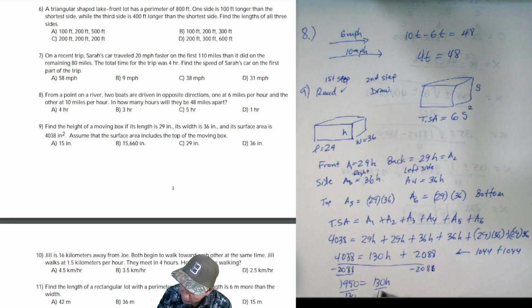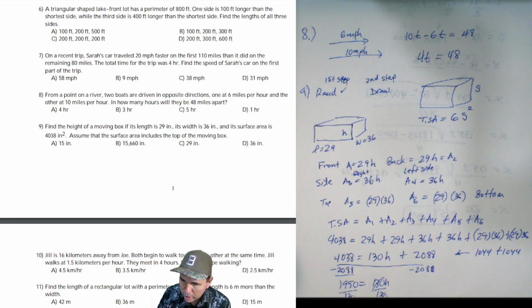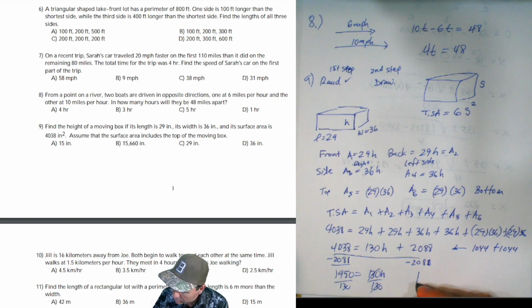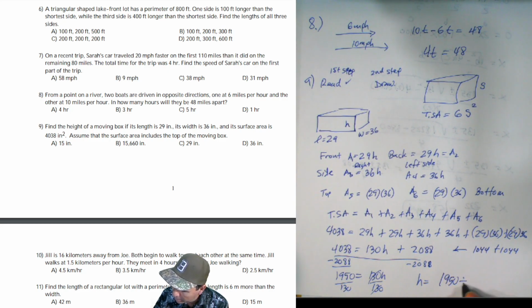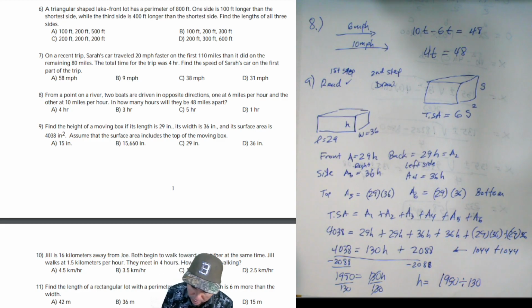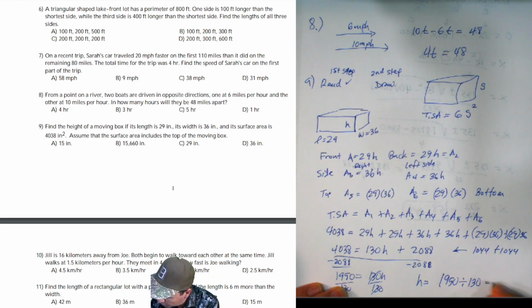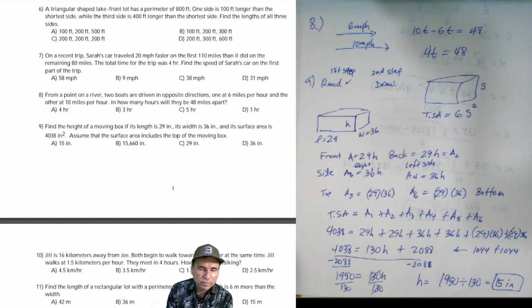And that should give me my final answer. So h is going to be 1,950 divided by 130. That's going to be equal to 15 inches. Final answer. 15 inches. So it's going to be letter A.